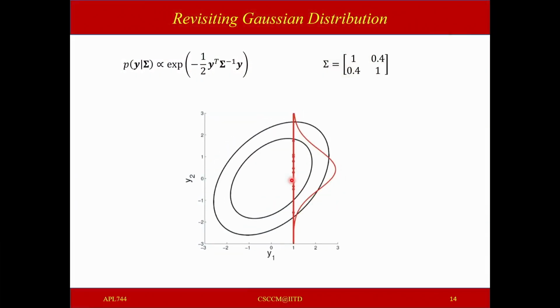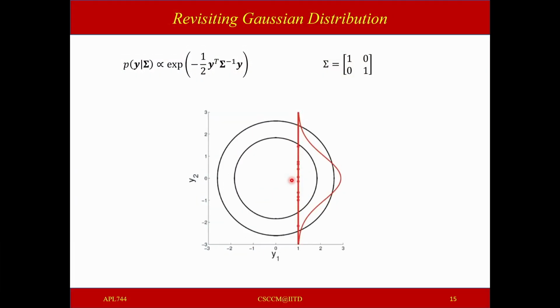If they are highly dependent, fixing y1 also means that you are restricting y2, because they are correlated. But if they are uncorrelated, whether you fix y1 or y2 should not matter. So if you reduce correlation, the spread should increase. Normal common sense. So you will see the spread is increasing. This was for 2D.